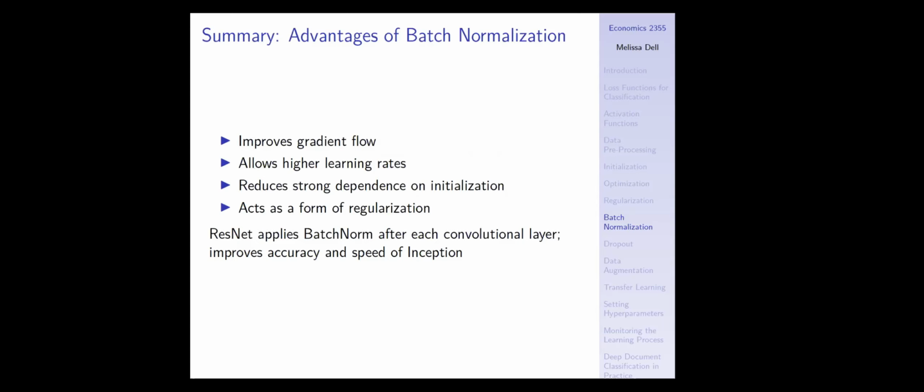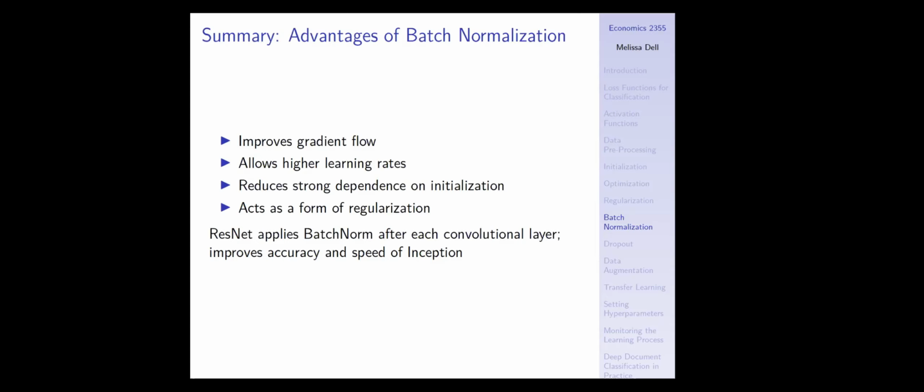Okay, so just to summarize the advantages of batch normalization: it will improve your gradient flow, because you're taking care of this covariate shift problem. It allows a higher learning rate because you've really simplified the loss landscape. It reduces the strong dependence on initialization, because now you're just renormalizing at every layer.